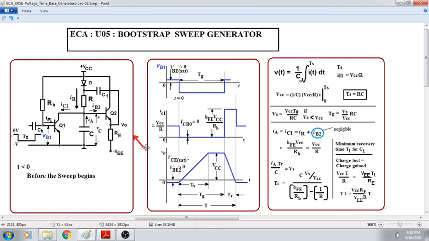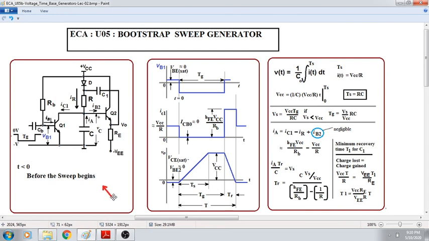Then V0 here is equal to VCE sat minus VBE2, which is approximately equal to 0. These 3 points are understood in today's lecture, that is before the sweep begins. A last point that we understood is RB has to be less than HFE times R. Okay, keep this in mind.